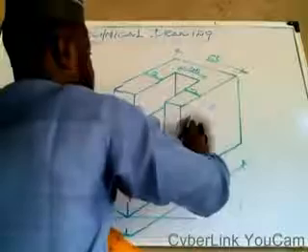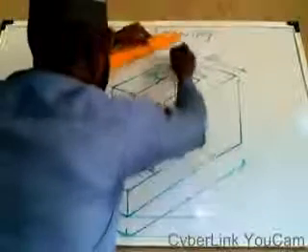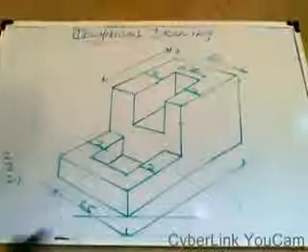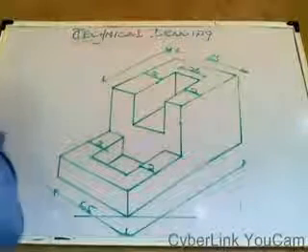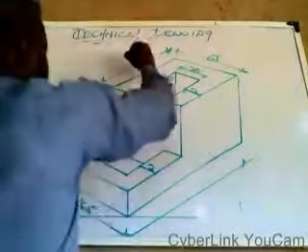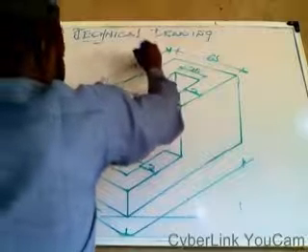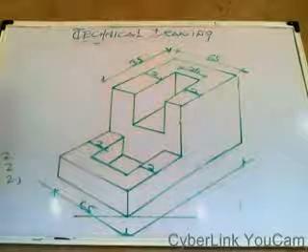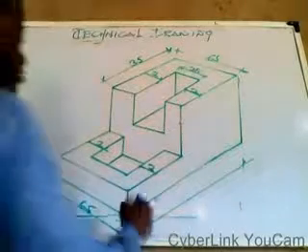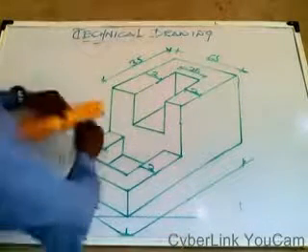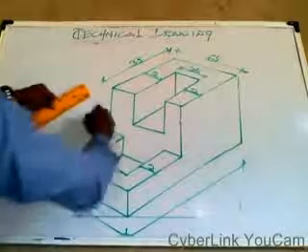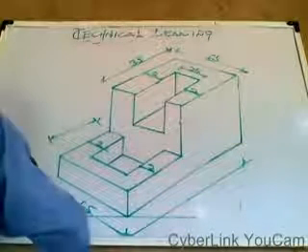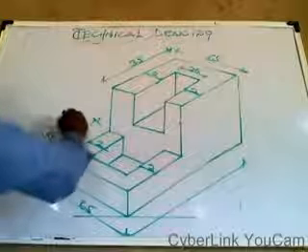Now let me do it outside. Let's say we have 30 or 35. Let's say we have 35 here. So if from here to here is 35, and from here to here we have, let's say, 40.